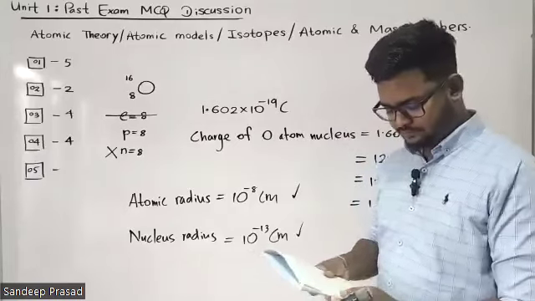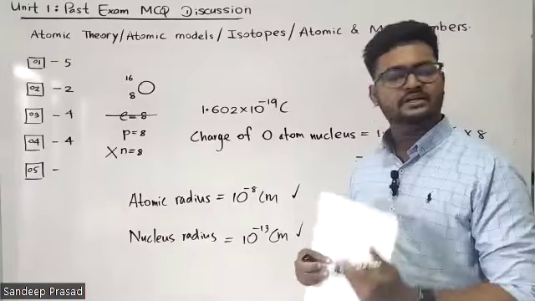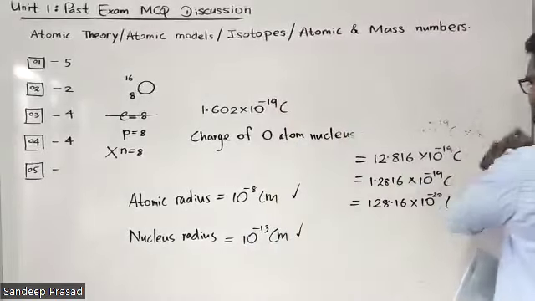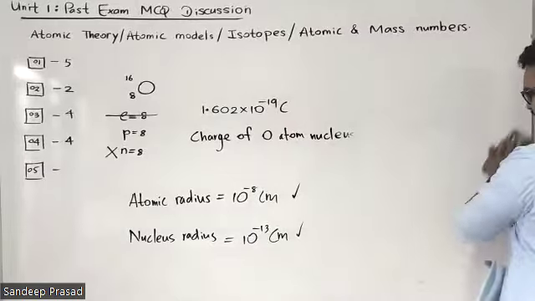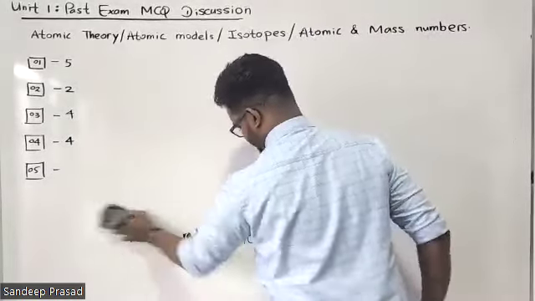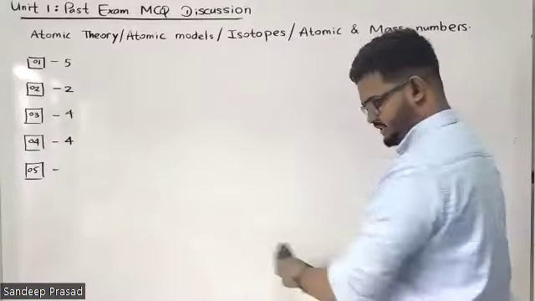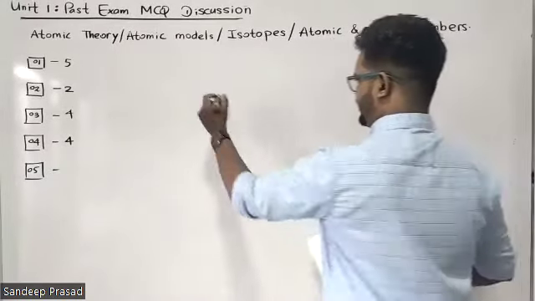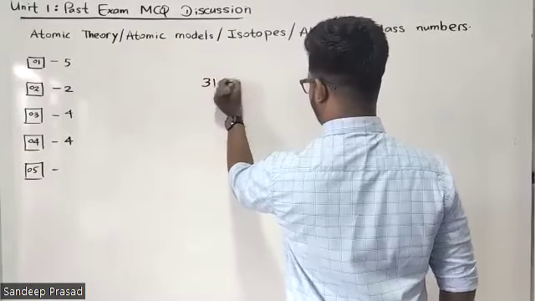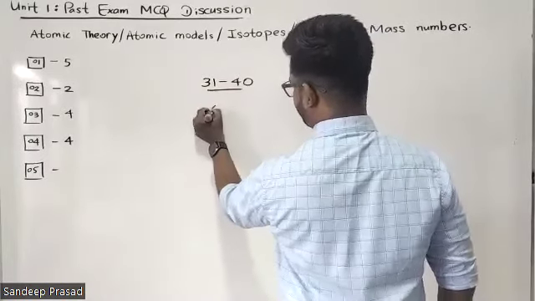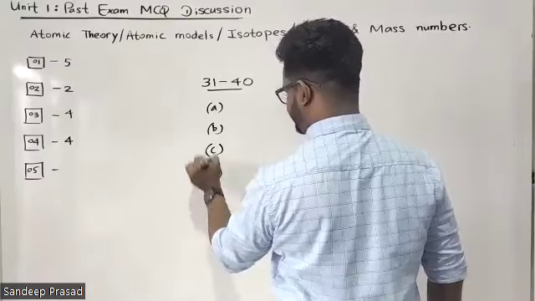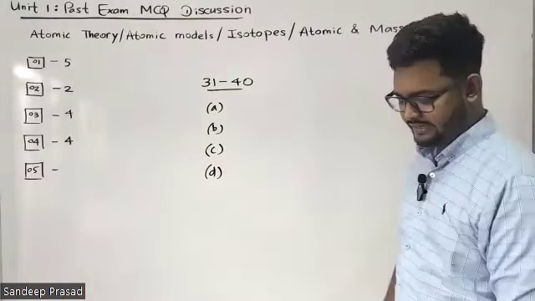Question number 5 is actually a statement type of question. First of all, I will remind you how to answer statement type questions. You have to learn how to choose the correct options when you are given 4 statements. Normally in the A-level examination paper, questions 31 to 40, you will be given 4 statements A, B, C, D. Then you have to check whether these statements are correct or incorrect.